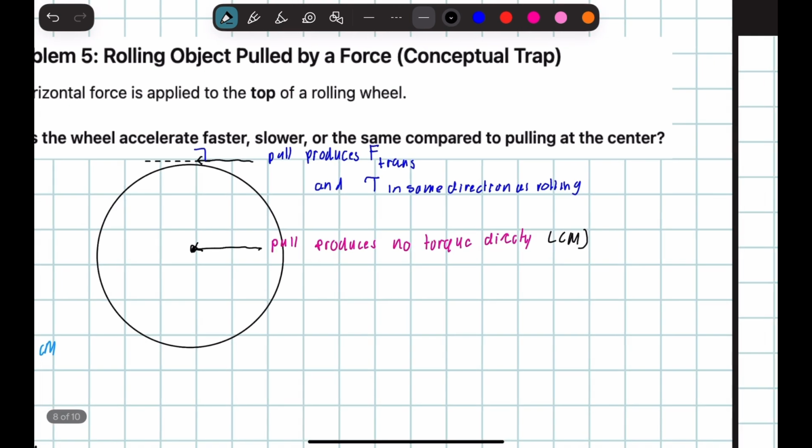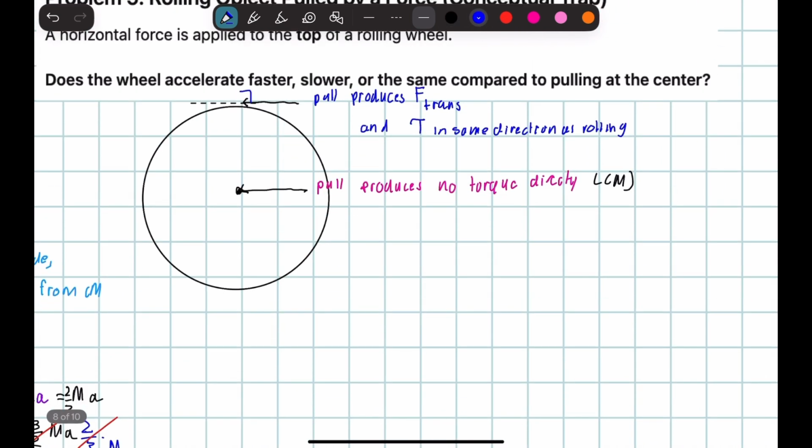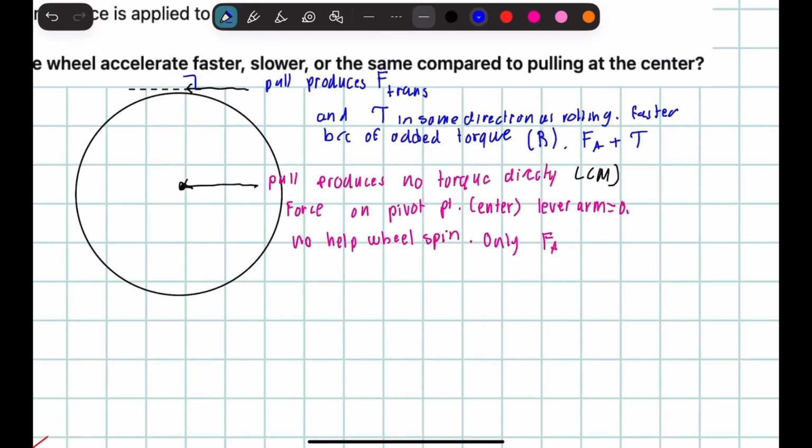Pulling at the top makes it faster because there is distance, there is r, and due to the torque. So again, here we have this radius, and because of that, we have torque.